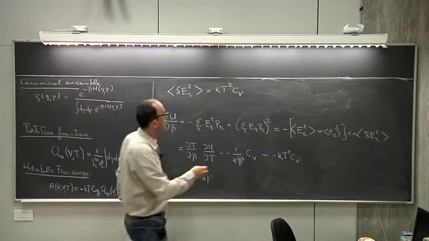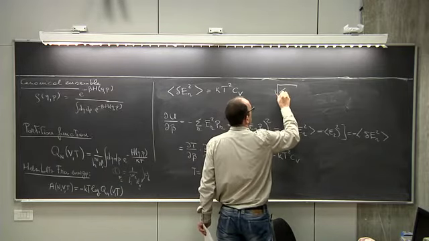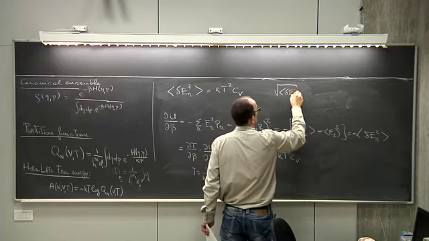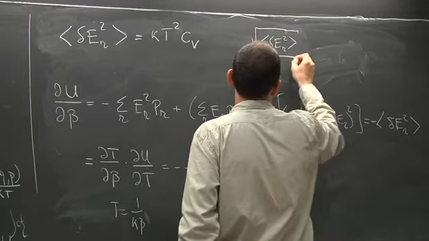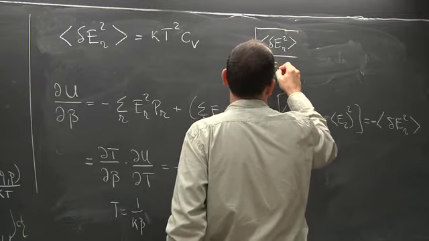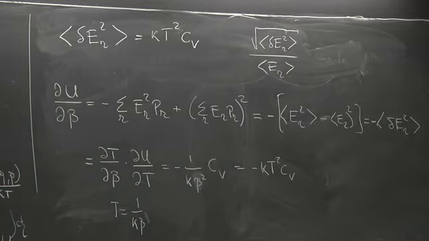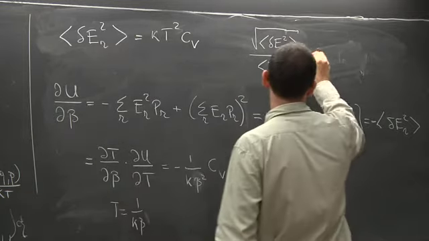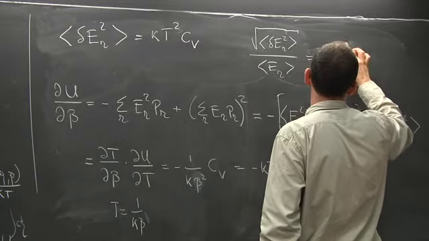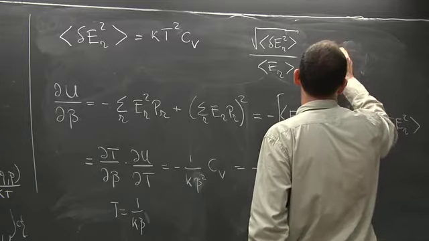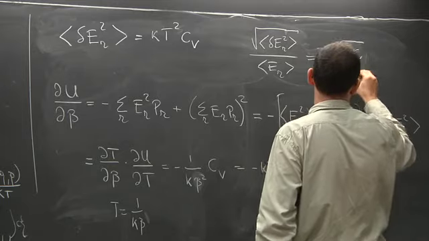So you should compute the typical fluctuations of the energy, which are the square root of the variance, and you should compute the relative fluctuations. Okay. So these relative fluctuations are clearly equal to T times the square root of k times C_V over U.